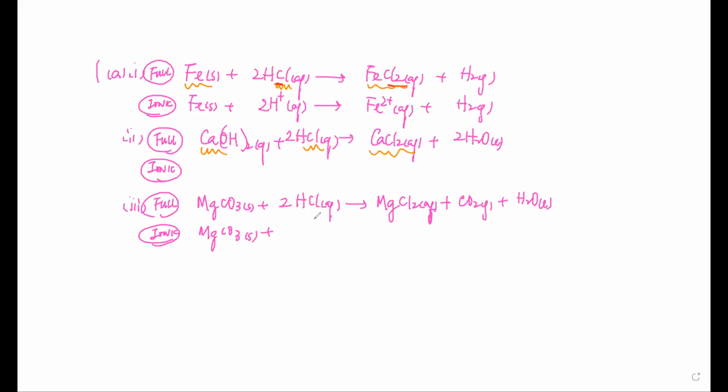How about hydrochloric acid? Chloride is a spectator ion. Yes, this one is a strong acid, so you can kick them out. Okay, so you may write it as 2 hydrogen ions to form what? Magnesium ion, Mg2+, and CO2 and H2O.